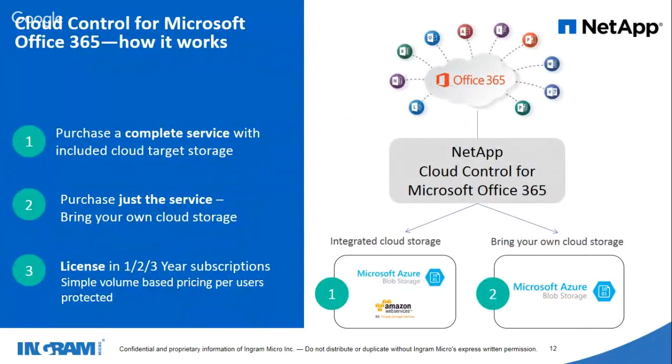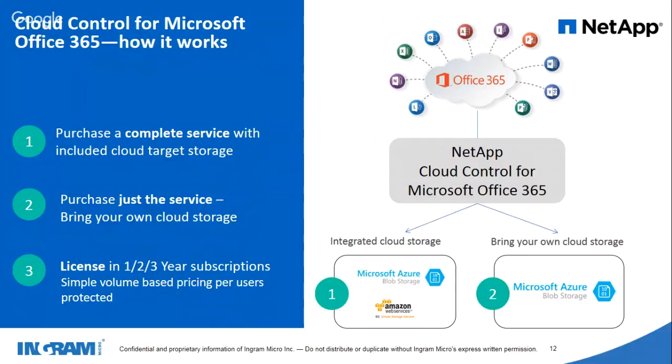So how does it work? Cloud Control as a service is very quick, very easy to set up. I will show it to you in the demonstration in the next coming slides. It has a very simple licensing model. It can take backup of all Office 365 services. This is very important to know, because there are a lot of products and solutions available in the market that Cloud Control competes with, but this is one of the products which has a very simple licensing model, and it can take backup of all Office 365 services, including Office 365 groups, OneDrive, SharePoint, and of course Exchange.